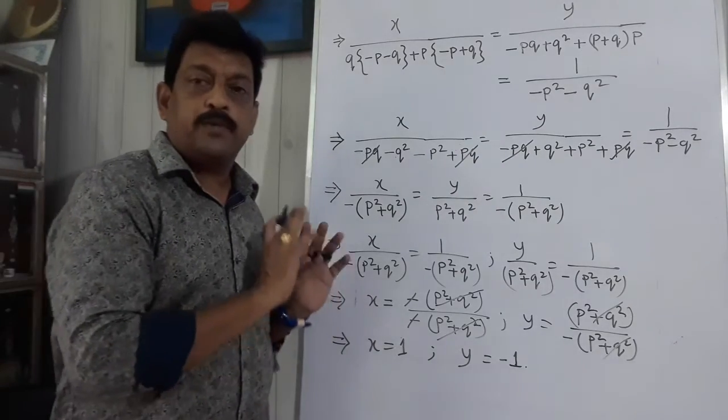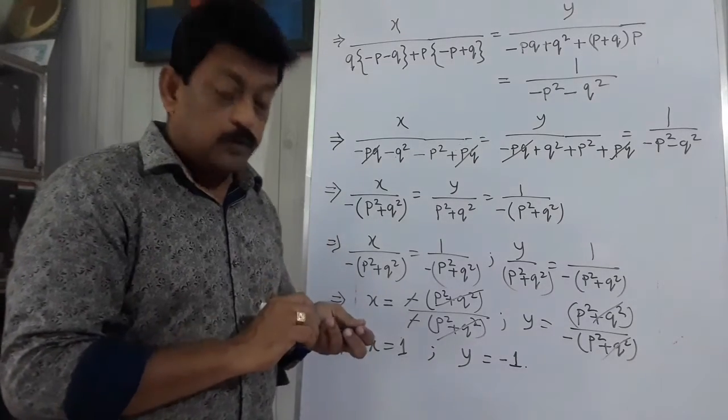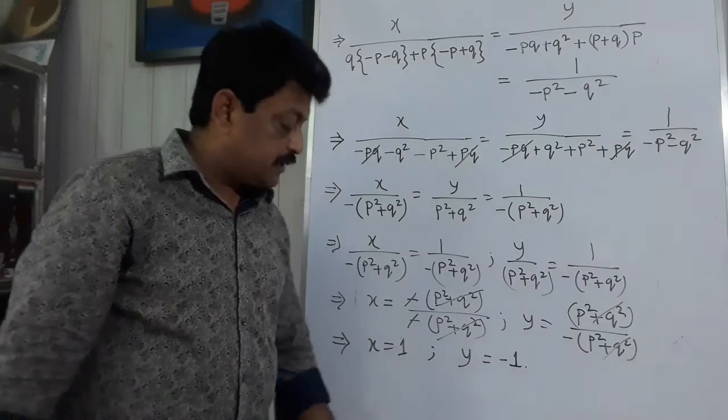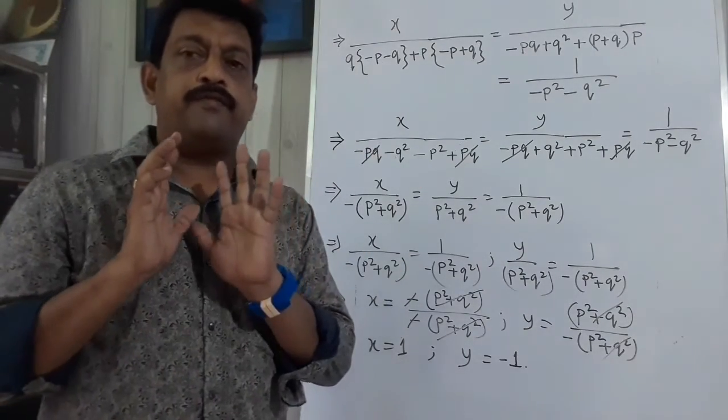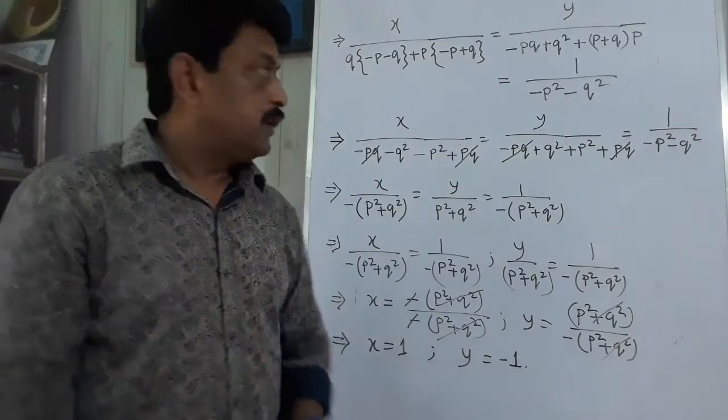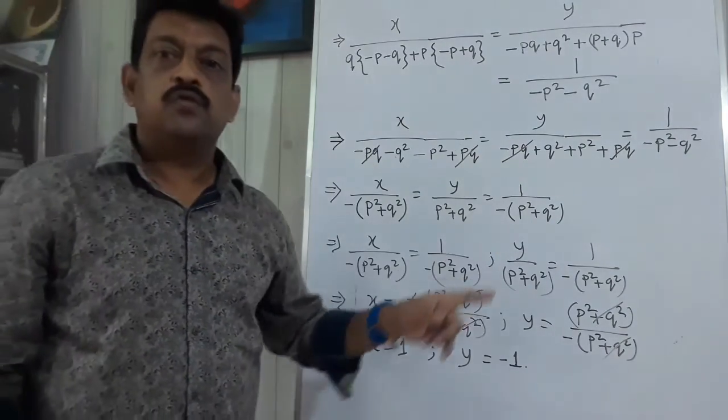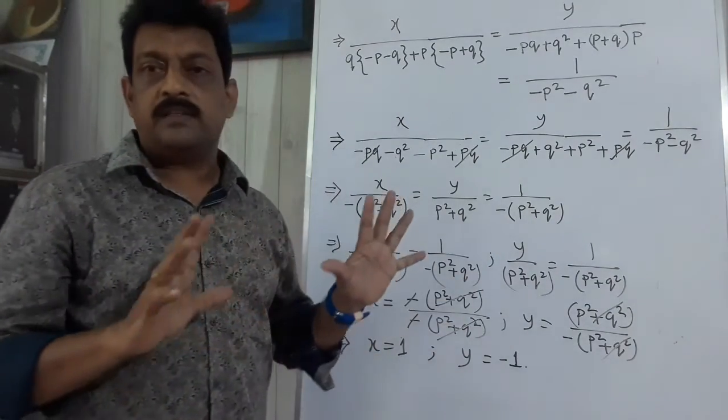Hope you have understood the process, the steps. I have told you earlier, this is a little bit difficult sum, and while doing these sums be very careful regarding the sign. So many positive, negative signs are there.